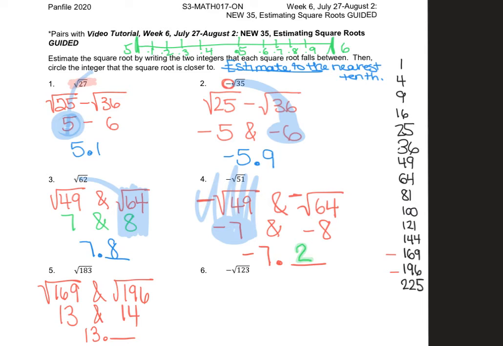I mean, if you look at it, it's 14 away from 169, and it's 13 away from 196. So that's a perfect example of when it would be something like 13.5, right down the middle. Not really closer to anything.